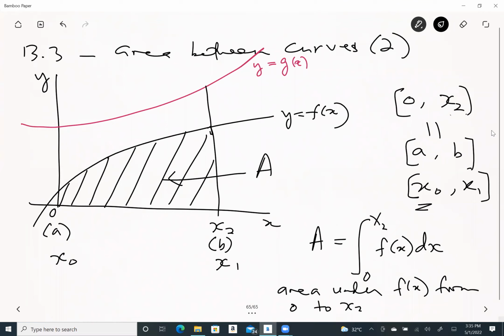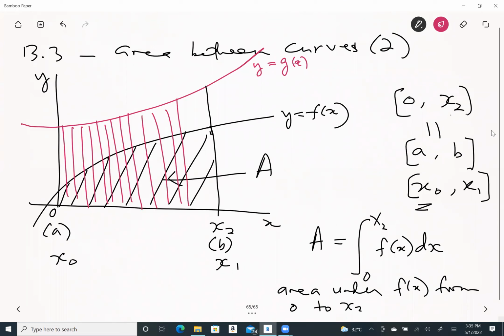I shade the area here in red. How can we find the area in red? I call this area B. How can I find the area B? Just look at the graph and tell me the area under what function, from where to where.